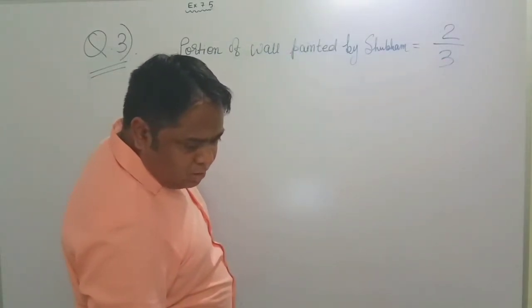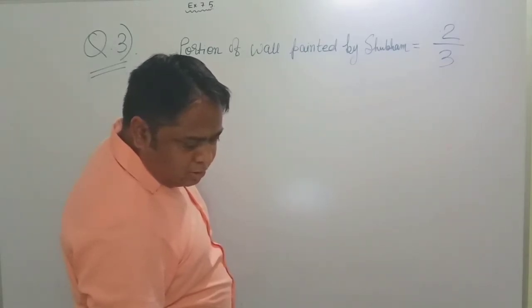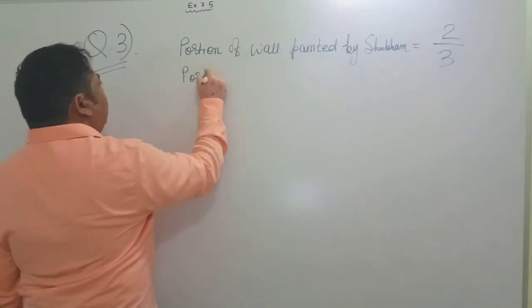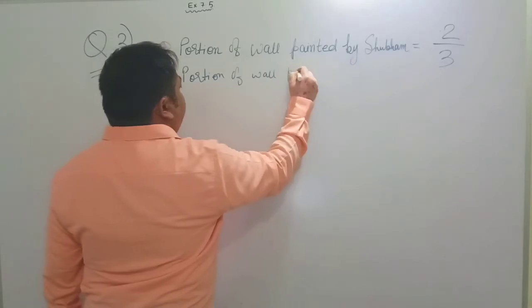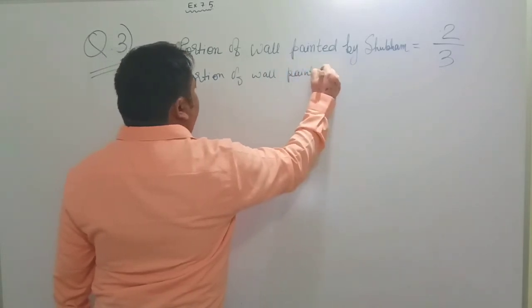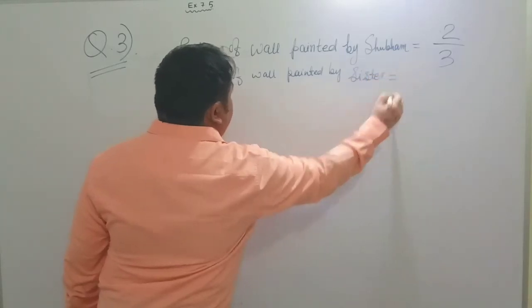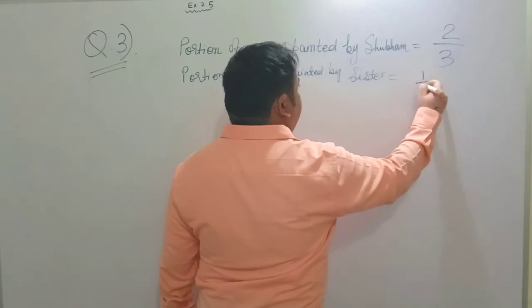His sister Madhvi helped and painted 1/3 of the wall space. Portion of wall painted by sister is equal to 1/3.